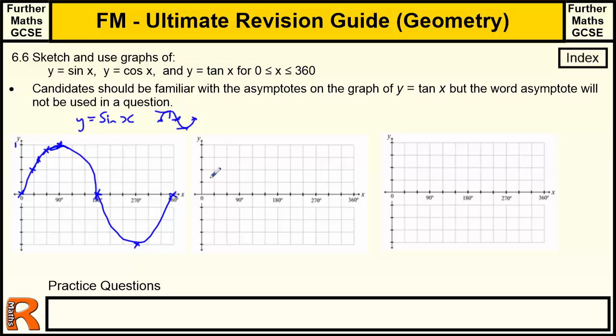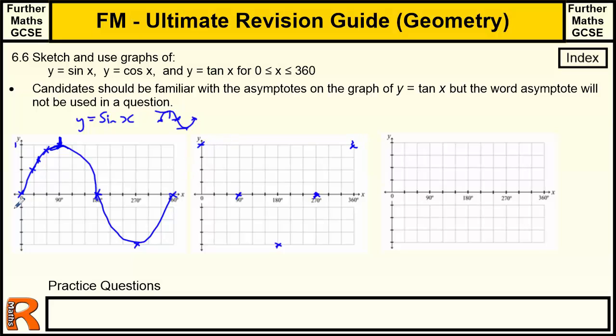Now cos is very much like sine, except it starts here and ends 90 degrees later. So we're just pinching this part of the graph from the sine graph and making it the cos graph. So it starts at 1, it goes down through 90, down to -1 at 180, up to 0 at 270, and back up to 1 at 360.